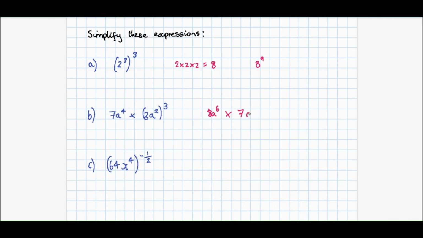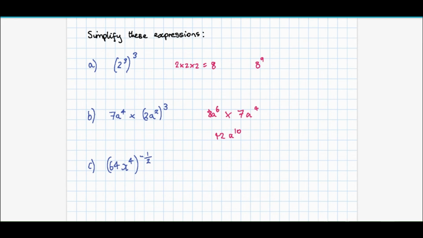I'm going to times this by 7a to the power of 4. So 8 times 7 is going to be 42. And a to the power of 6 times a to the power of 4 is going to be a to the power of 10. So the final answer is 42a to the power of 10.